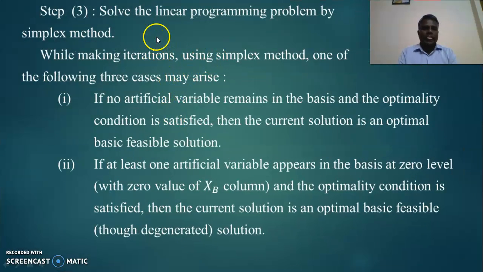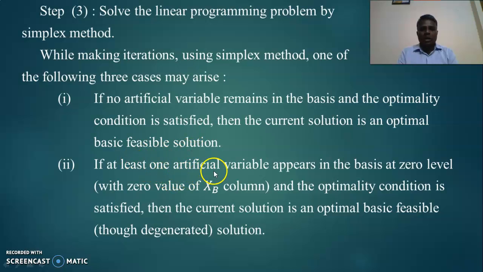Step 3. Solve the linear programming problem by simplex method. While making iterations using simplex method, one of the following three cases may arise. First, if no artificial variable remains in the basis and the optimality condition is satisfied, then the current solution is an optimal basic feasible solution.